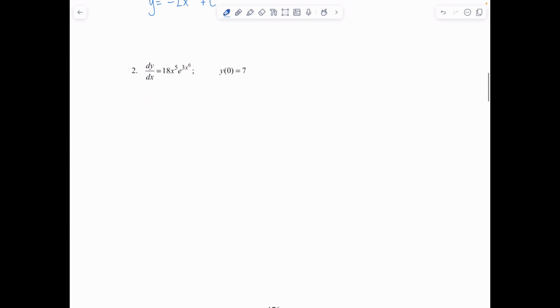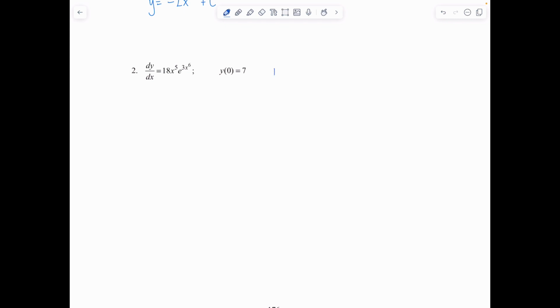Okay, let's look at another: dy/dx = 18x^5 e^(3x^6). So now we have a little bit more of a complication. We have an exponent in our exponent. We also have y(0) = 7, so we have our initial value now. What we're going to do here is use u substitution.